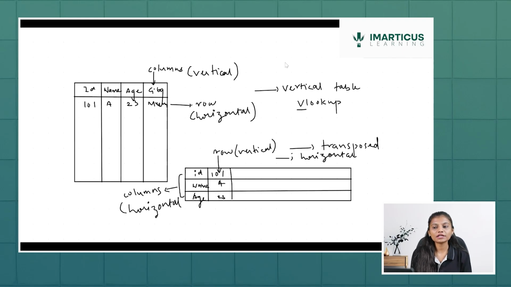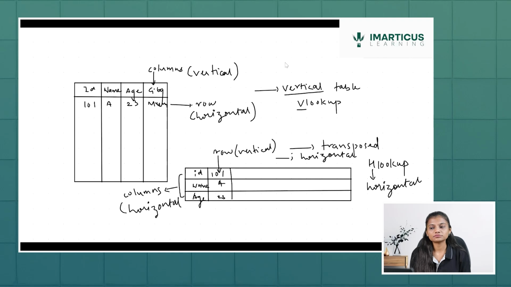If the table array is a vertically aligned table, which means the columns are vertical and the rows are horizontal, then a VLOOKUP will proceed. When the columns are horizontally aligned and the rows are vertically aligned, the lookup approach would be HLOOKUP, because the table over here is a horizontal table. This is a simple difference between a VLOOKUP and an HLOOKUP.